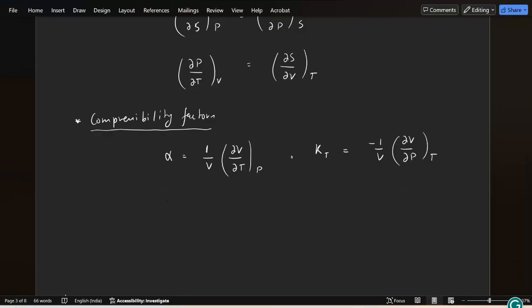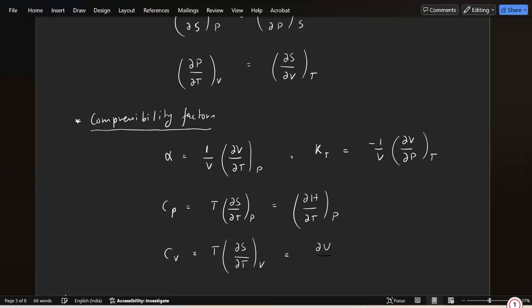Then we have the heat capacities, Cp and Cv. Cp is nothing but T times delta S by delta T at constant pressure, and also it is delta H by delta T at constant pressure. Cv is similar, it's just that it is at constant volume. All right.